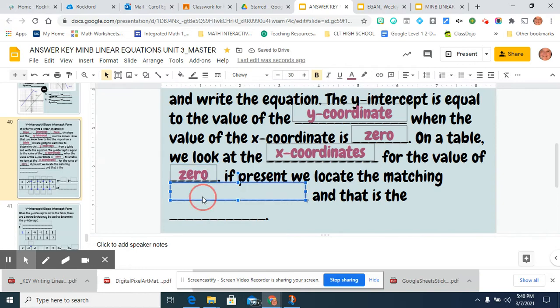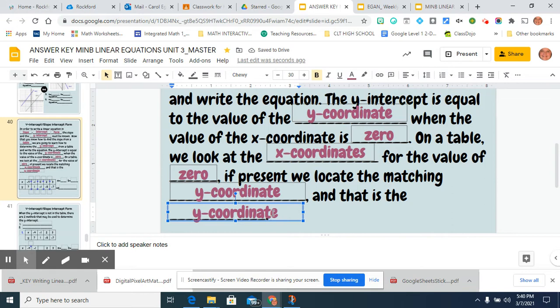If present, we locate the matching y-coordinate, and that is the y-intercept. Right, or what we call the b.